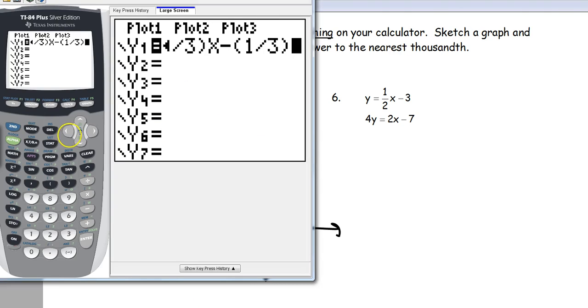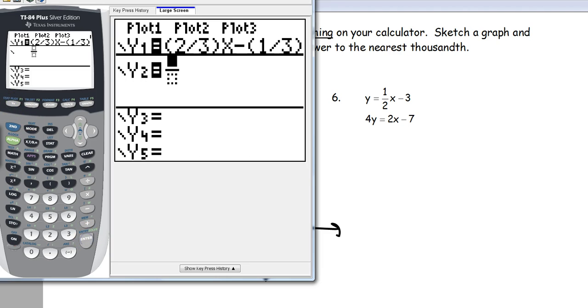Okay, now, you can do the exact same thing for y2, which is your second equation. But if you have the new operating system, then there's something else you can do. Everybody try pressing alpha, y equals, enter. And if you get this, that means you have the new operating system. And if nothing happened, then sorry, you have to do it the way we did in y1.